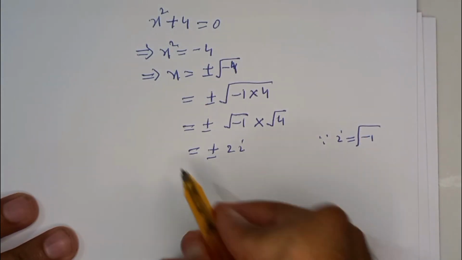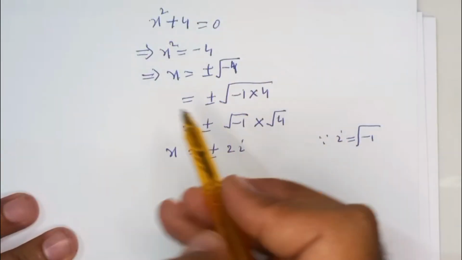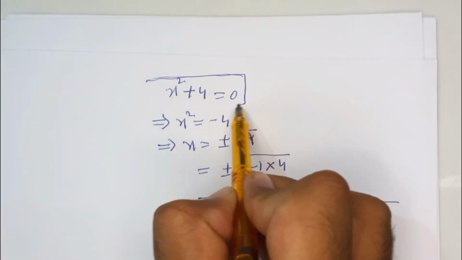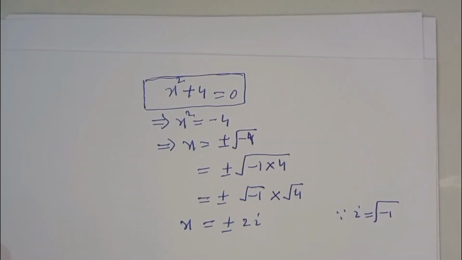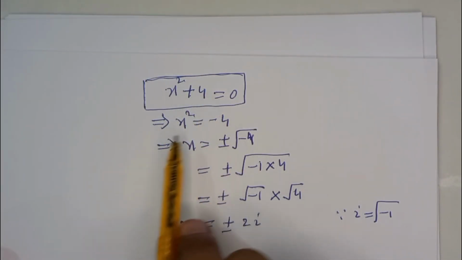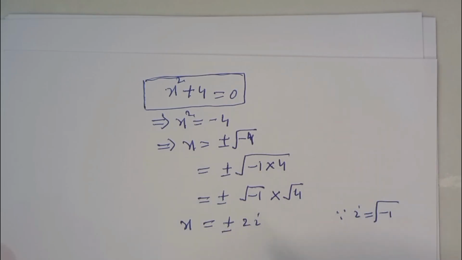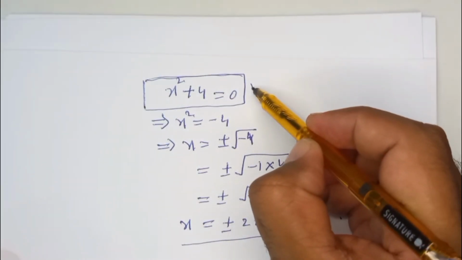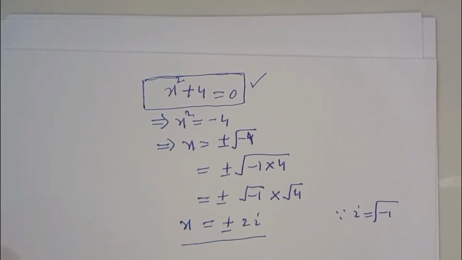So the solution of this equation, x square plus 4 equal to 0, cannot be found over the set of real numbers, so the polynomial x square plus 4 cannot be factored over the real numbers. It can be factored over the set of complex numbers. So over the real numbers, this polynomial is irreducible.